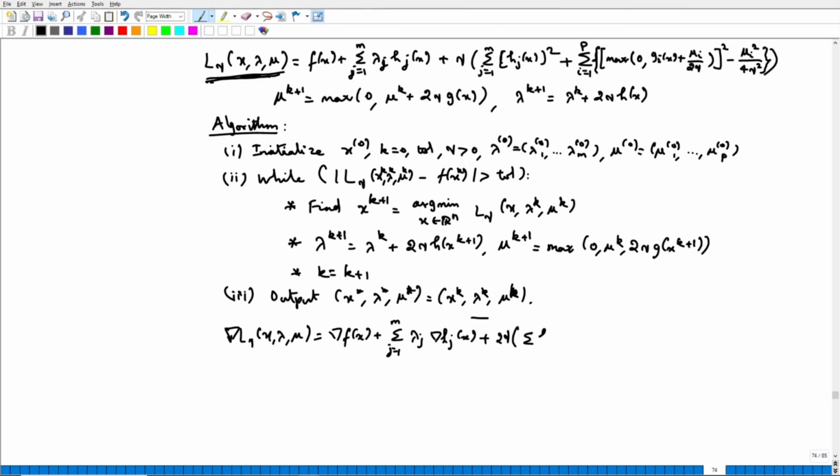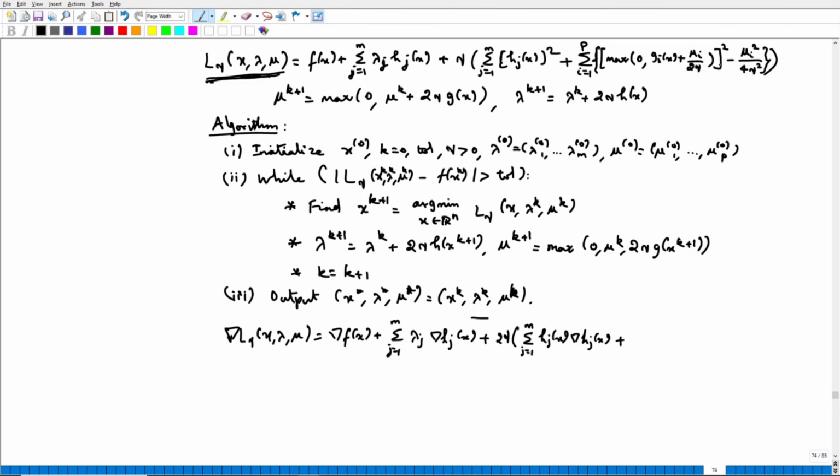So you will have h j of x del h j of x, where j runs from 1 to m. Note that mu i squared by 4 gamma squared does not depend on x. This gradient I am taking with respect to x, so this term vanishes when you take the derivative.